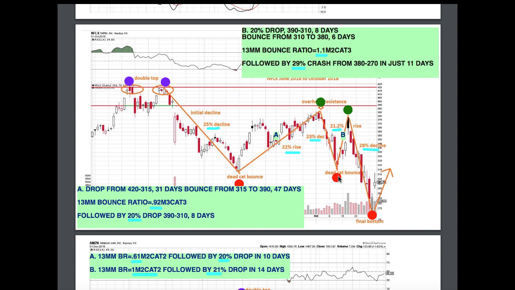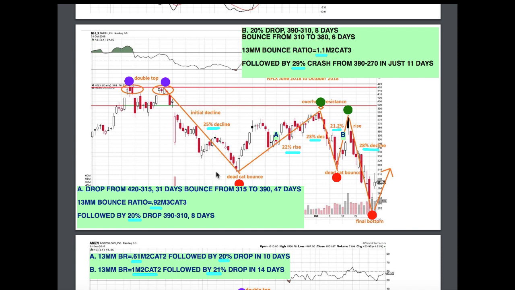And then you go into a B formation, B type bounce, and as you can see, the situation is incredibly lucrative here. In this particular case, we've got a 0.92 ratio, but look at the magnitude. The magnitude progresses to a magnitude 3, and the bounce progresses to a category 3.